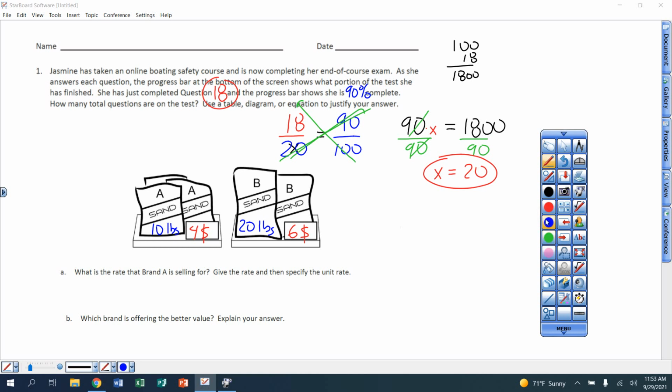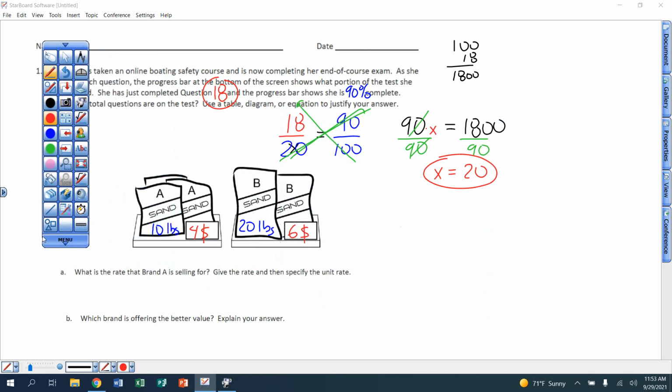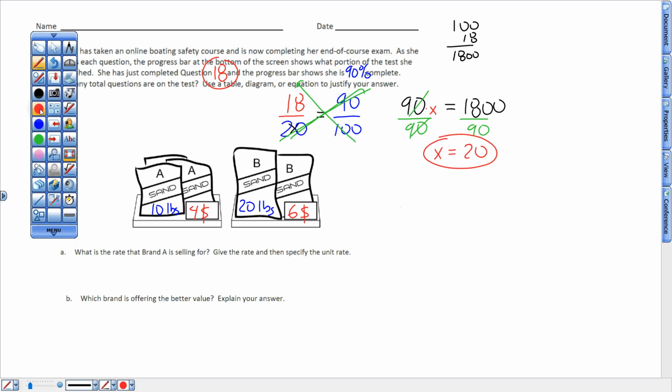It wants to say, what is the rate brand A is selling for? So here I'm just going to do the work for A, and then underneath I'm going to do for both because they want you to do both. So for brand A right here, I have that 10 pounds, which goes on the bottom. So it's going to be $4 for every 10 pounds.